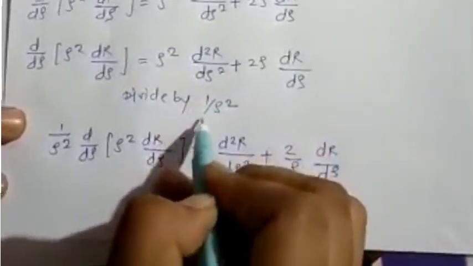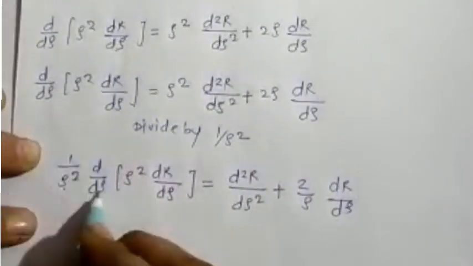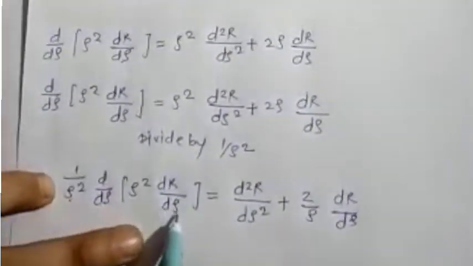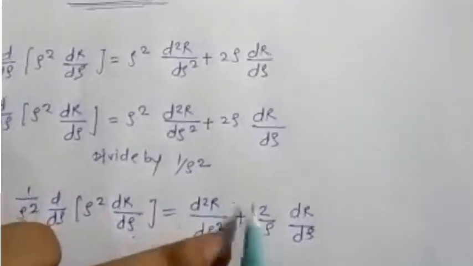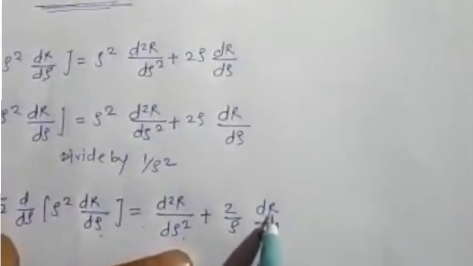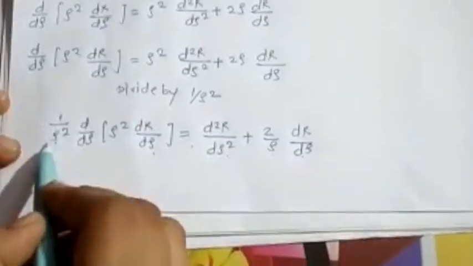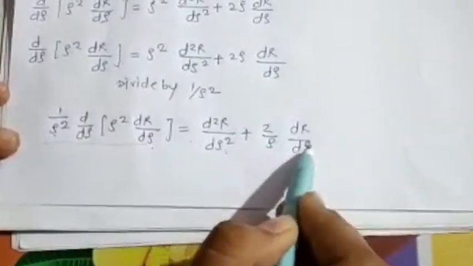Now divide by rho square, we get 1 upon rho square d by d rho of r square dr by d rho is equals to d2r upon d rho square plus 2 by rho dr upon d rho. We are finding out the value of this term, that is d2r upon d rho square plus 2 by rho dr by d rho.